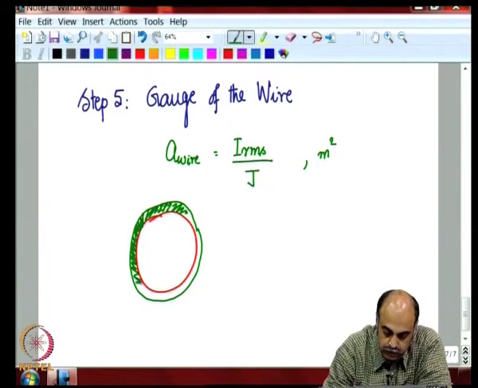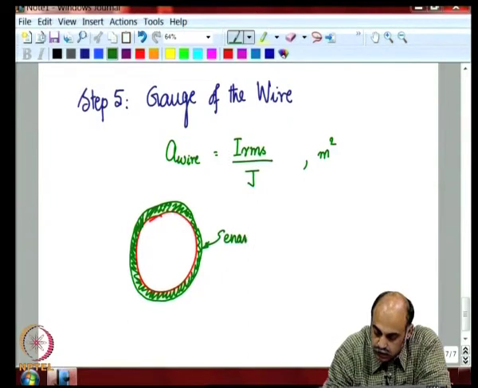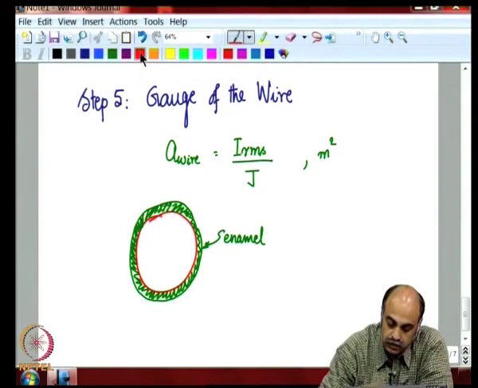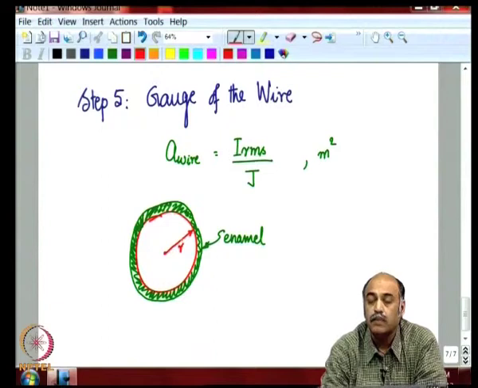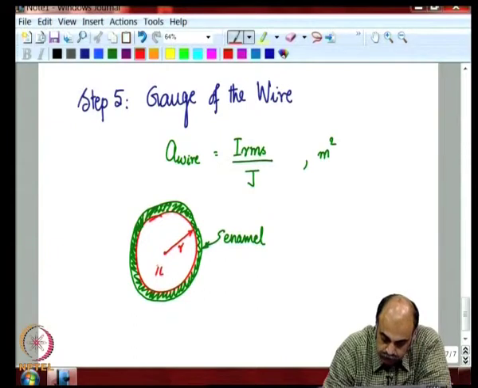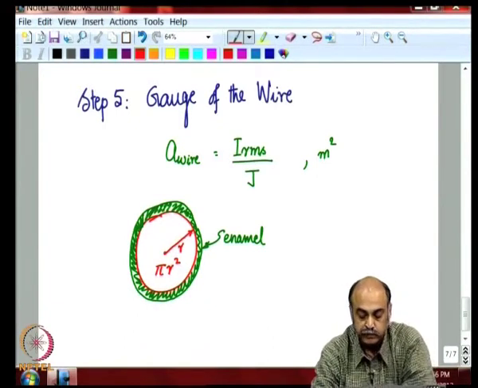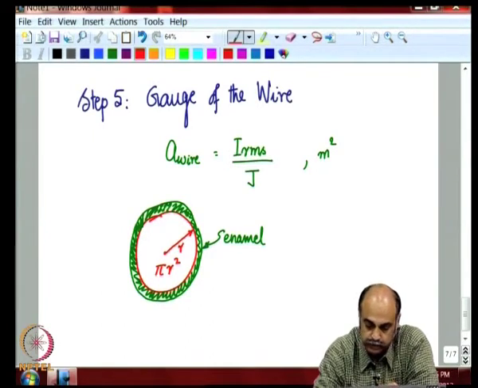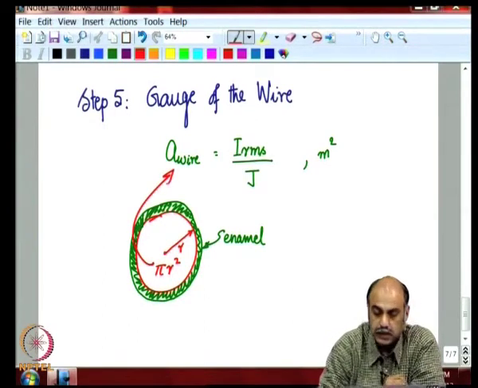So, in the wire data sheet, while calculating cross section areas, you have to take the copper cross section area, or basically the radius of the copper without the thickness of the enamel, and take the pi r square of the copper, the conducting portion of the wire.